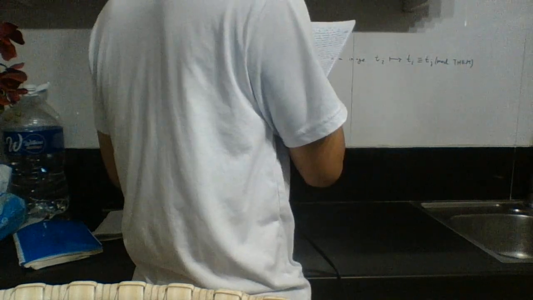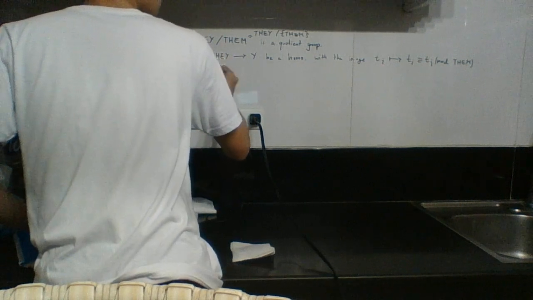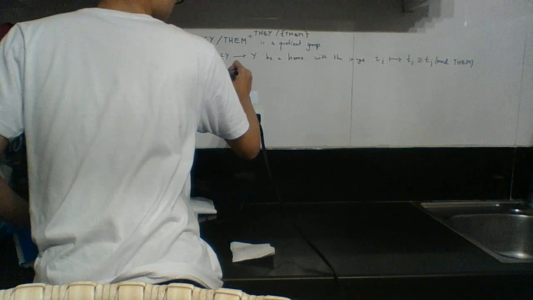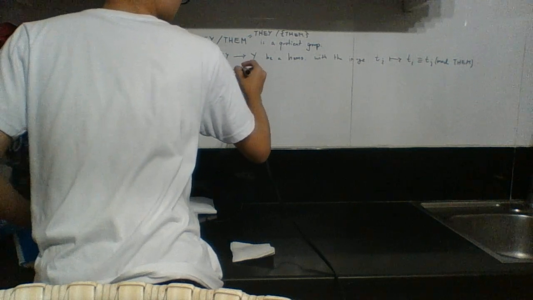So there. Alright. So T sub i is mapped to T sub i congruent to T sub j mod them. And Y, of course, is defined to be the set of all of those. So all T sub j under them. So T sub j, this is inside they.